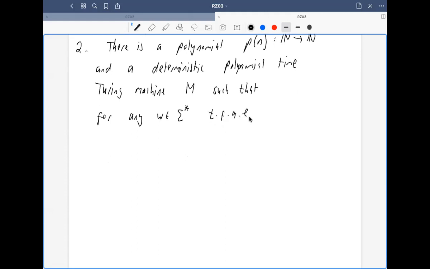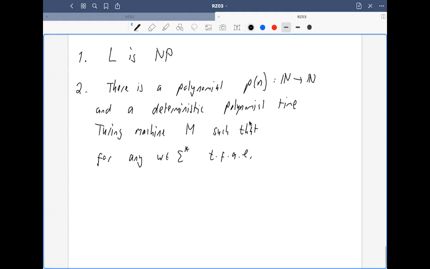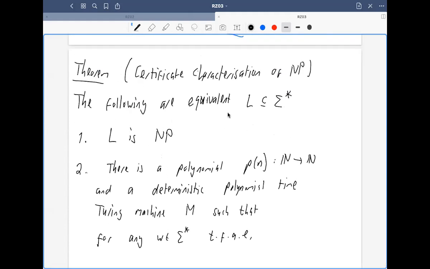TFAE is the following are equivalent, as written at the top there.